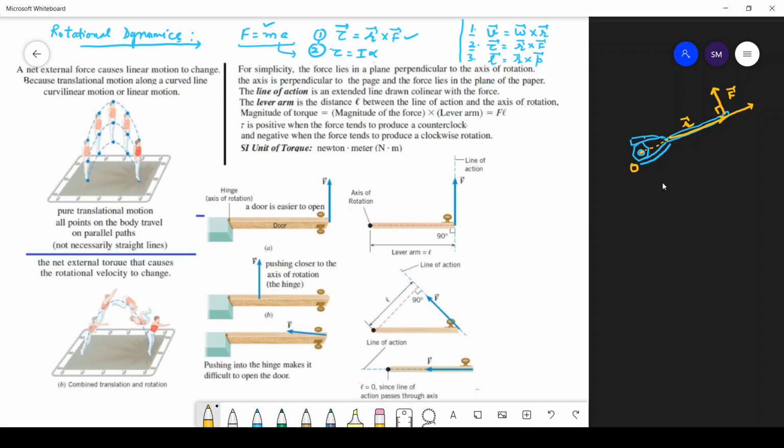Outwards. Yes, coming out of the plane of the paper. Very good.